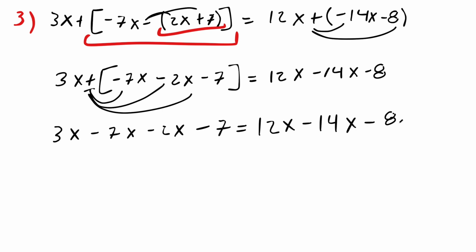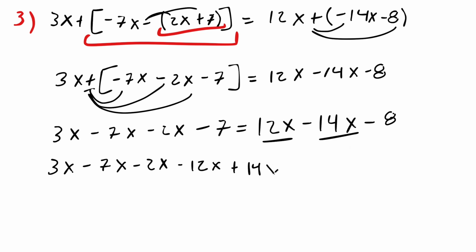minus 8. So we need to have common terms on one side of the equivalence, right? So 3x minus 7x minus 2x, 12x passes to the other side as negative 12x, and negative 14x passes to the other side as 14x. So now that is equal to negative 8. But what happens? Well, we have here a negative 7, and that passes to the other side as a positive 7.